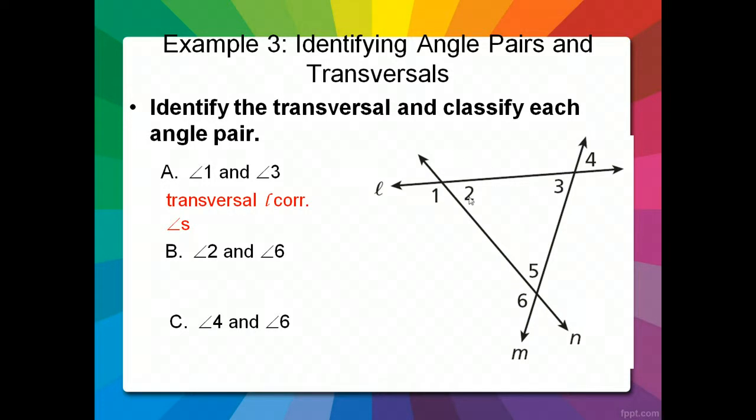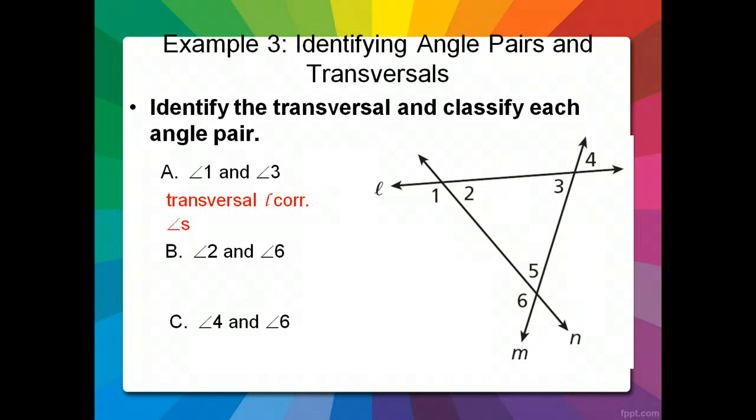Let's look at 2 and 6. Their vertices are across line N. So our N would be the transversal. They're on opposite sides, but they're both inside the other lines.